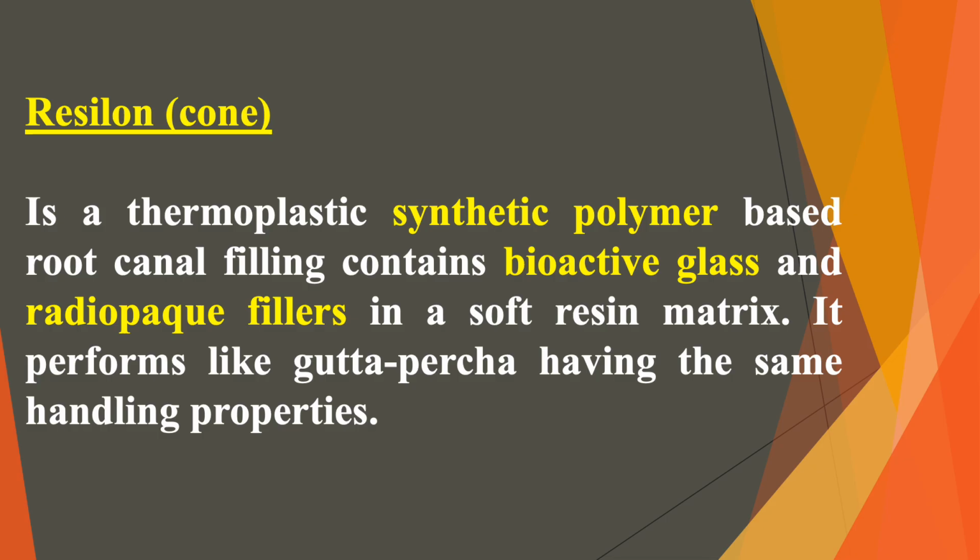It's like gutta percha, but with bioactive glass and synthetic polymer. The gutta percha was a natural polymer we extracted from a tree, but the Resilon is a synthetic polymer containing bioactive glass and radio-opaque fillers.